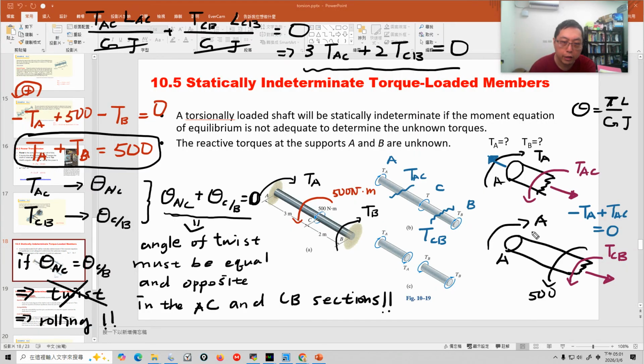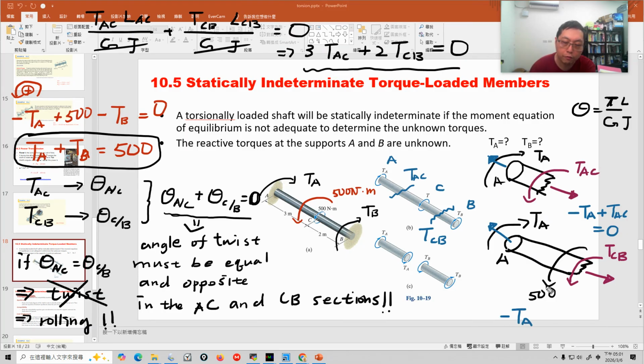Now, here we have, sorry, I should make this up. It should be TA. We already know this direction. The thumb direction is here, and our surface is here, so it's inward to the surface. So the sign of TA here is minus.